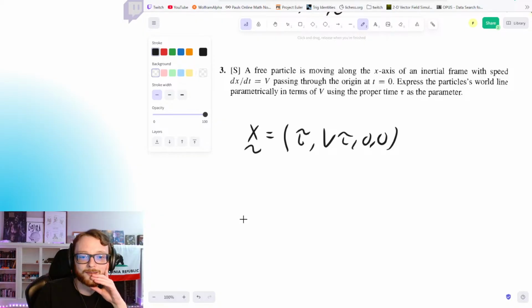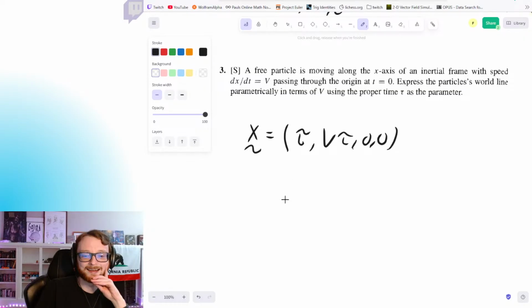Express the world line with proper time tau. Oh, you already did it. That's at least what's coming to mind. Is that what you used, those Lorentz formulas? No, this just kind of feels right to me, I guess. So time is tau, and then v times tau.